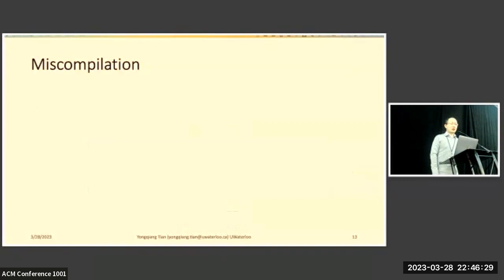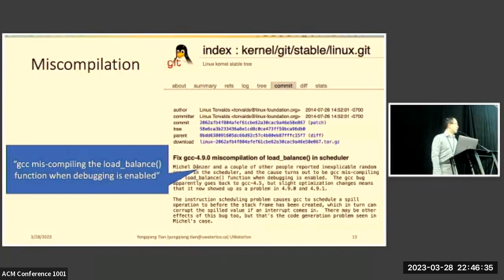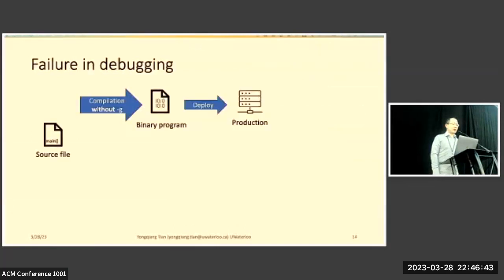First, violating CCMD may result in miscompilation bugs. For example, here, GCC will miscompile this load balance function in its kernel when debug information is enabled. Another problem is that violating CCMD will bring failures in debugging. As I just mentioned, developers usually deploy the binary program without debug information for production purposes. And if it crashes, we will collect the core dump files.